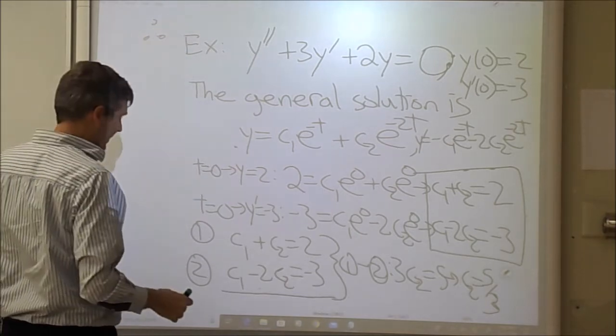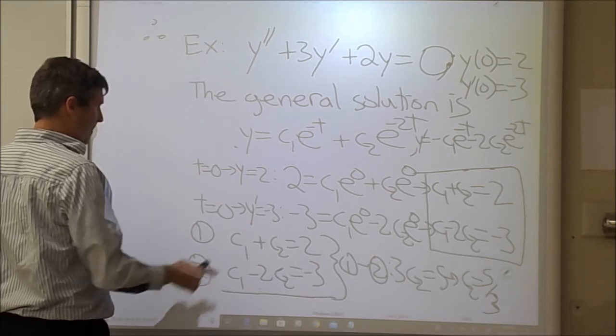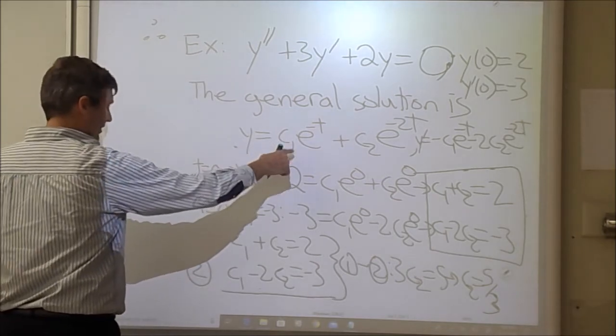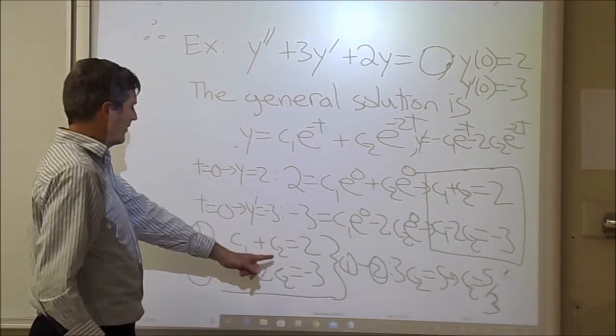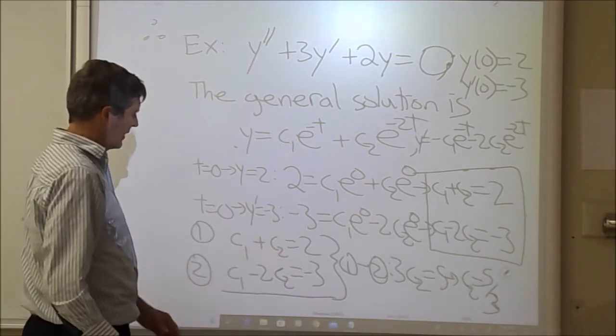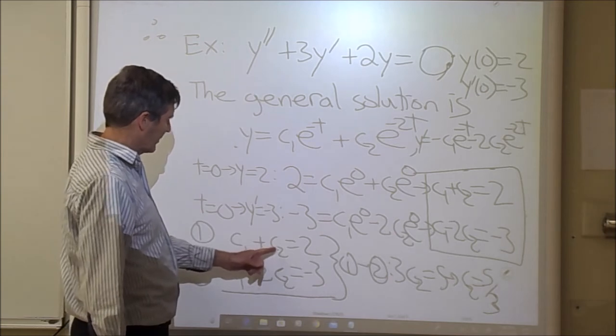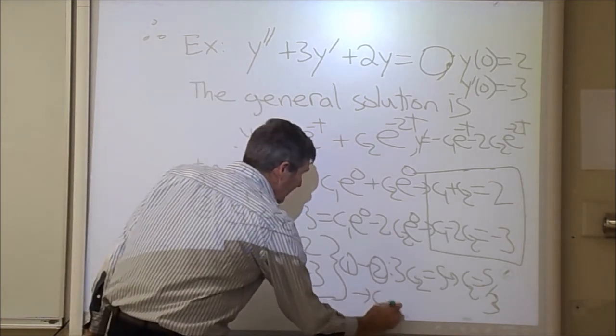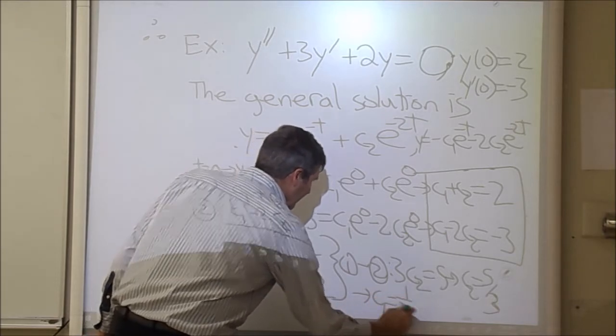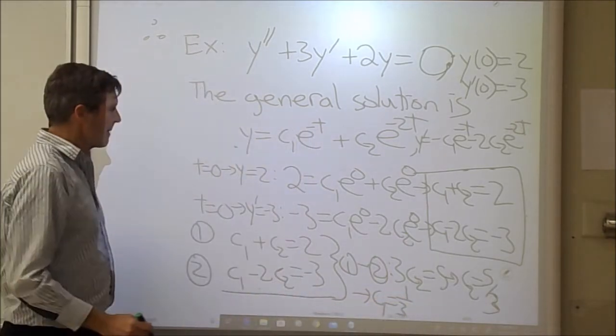We have to finish this, that y equals c1. Oh, I didn't finish finding c1. Now you can plug 5/3 into either equation to get c1. If c2 is 5/3 and c1 plus c2 equals 2, that tells you that c1 is 1/3. 5/3 plus 1/3 is 2.